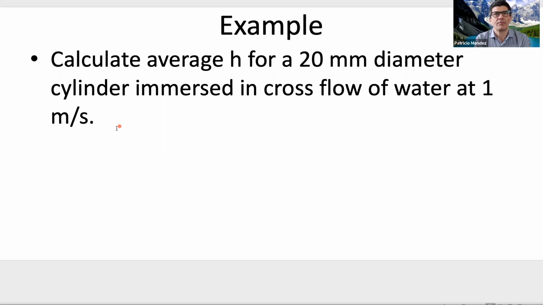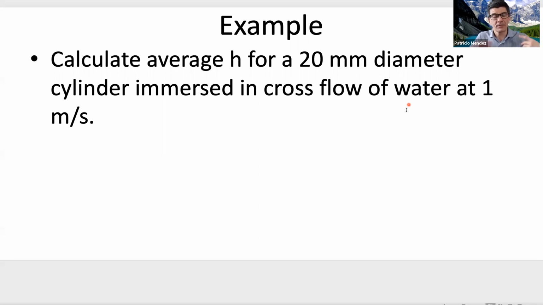This is a problem from a previous exam. This is the type of thing you're going to see on Monday in the quiz. So how do we go about it? We're going to use our 4 steps: identifying the right formula, calculating Reynolds, Prandtl, and whatever else is needed, calculating Nusselt, and unpacking Nusselt to solve for the convection coefficient.